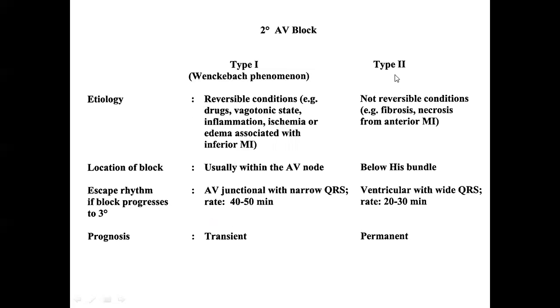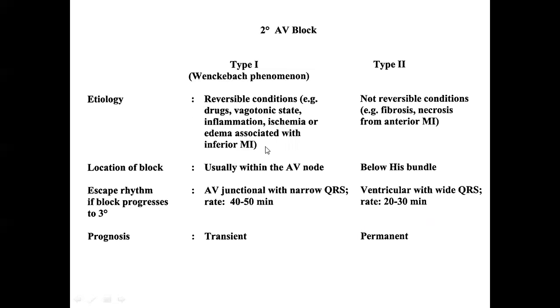While in type 2, it is not due to reversible conditions, and the block is below the His bundle, that is within the ventricle. When they progress to complete AV block, the ventricle will escape at about 20 or 30 per minute, and it's going to be permanent.